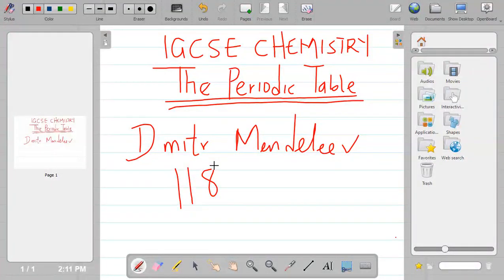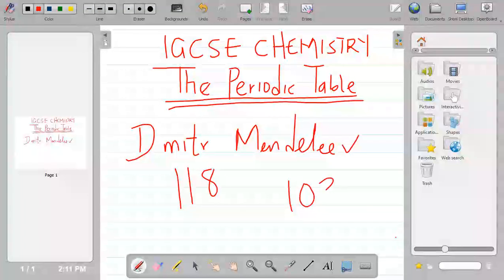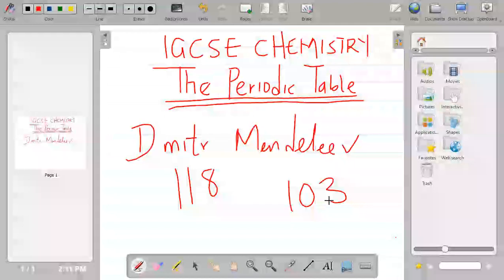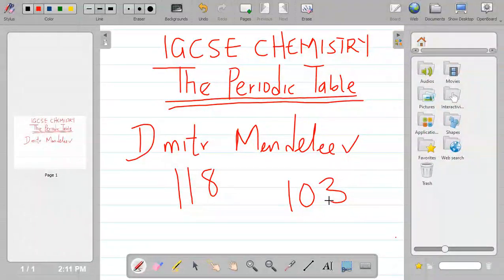Originally, there were 103 elements, excluding the lanthanide and actinide. Now, in the periodic table, elements are arranged in order of their increasing atomic number.